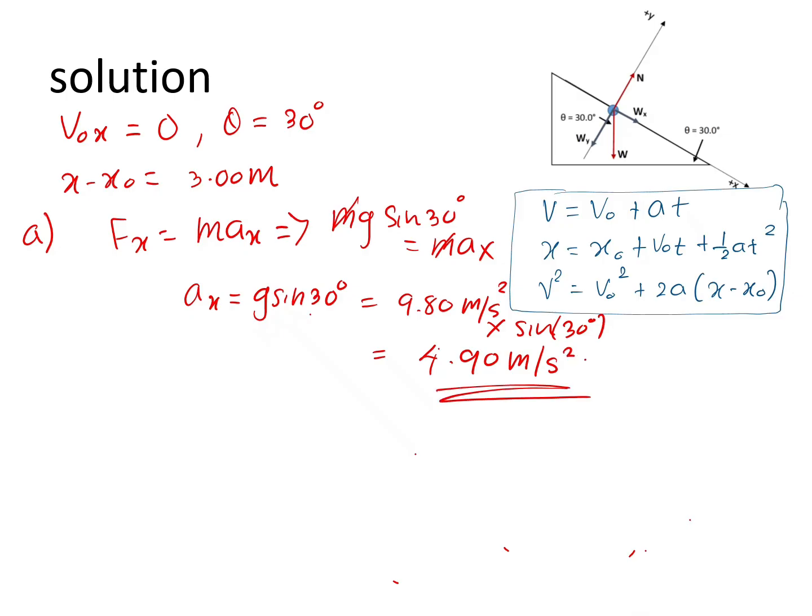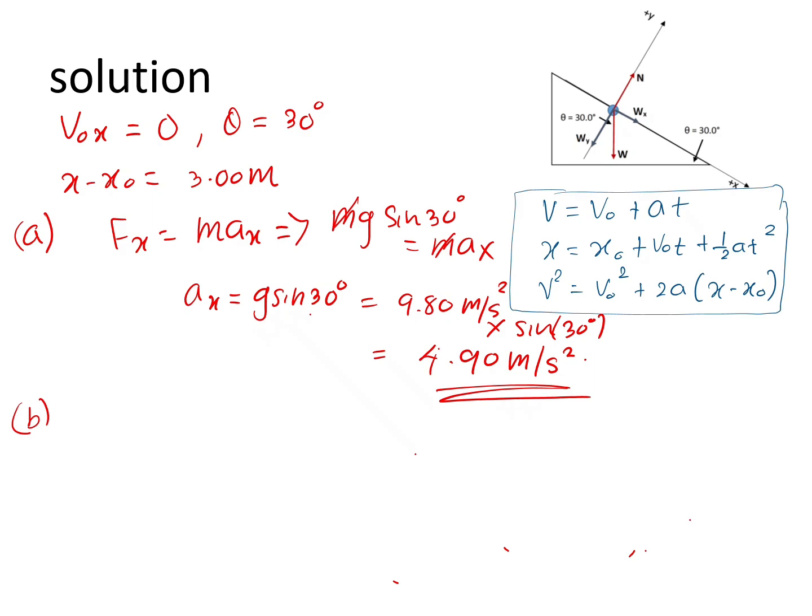And part B is asking what is the speed when it reaches the bottom of the incline. For that, we can look at our kinematic equations and figure out which equation to use. In this case, we do not know the time and we do not have to find the time yet.